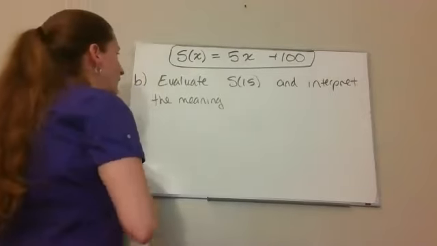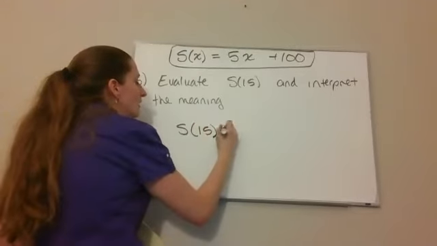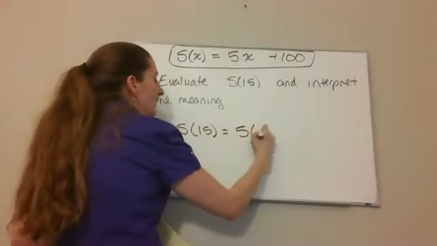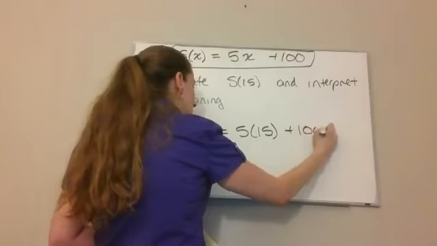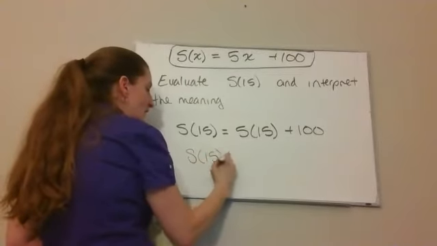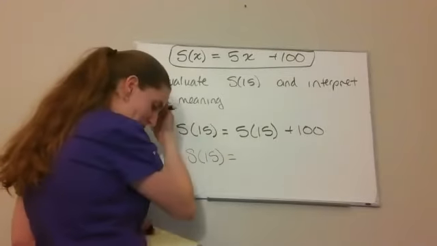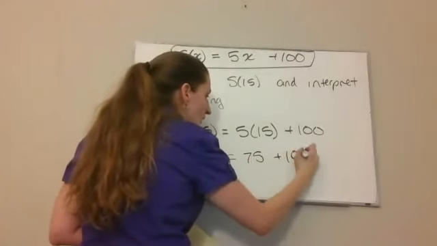So S of 15, we know from our previous work, means we have to replace every single x with a 15. So I get S of 15 is equal to 5 times 15, which is 75, plus 100.